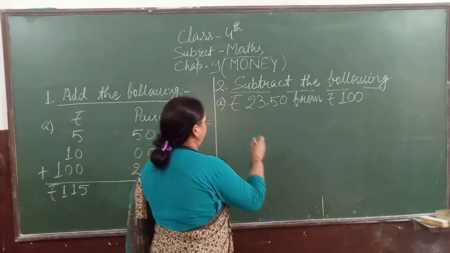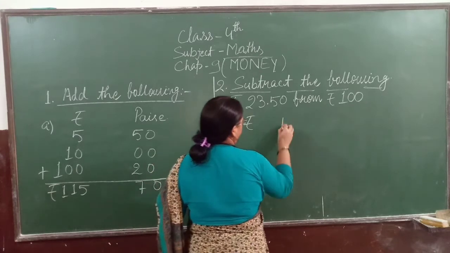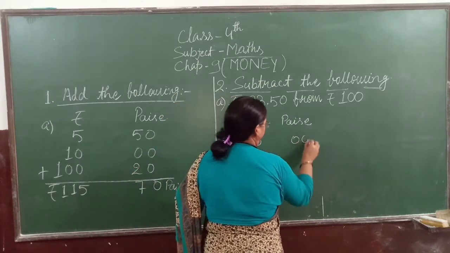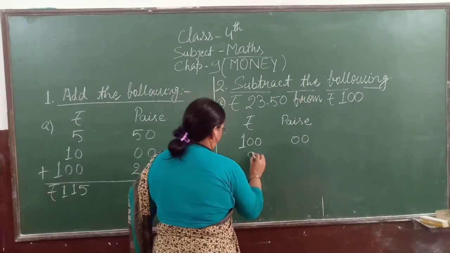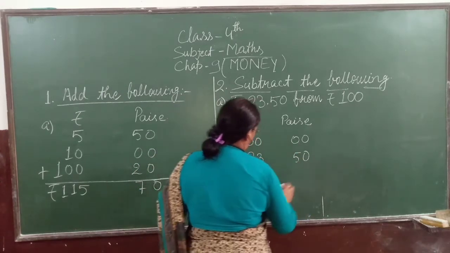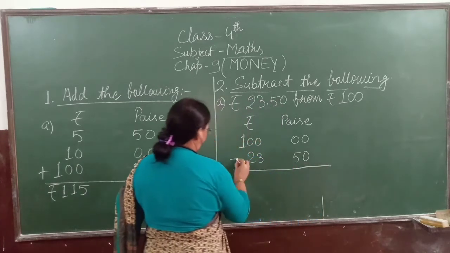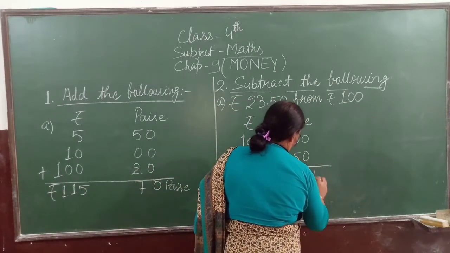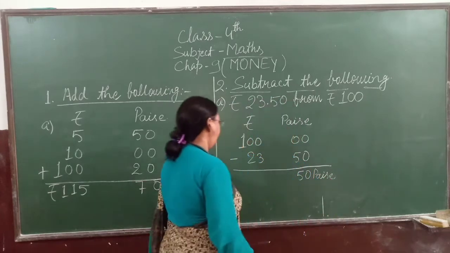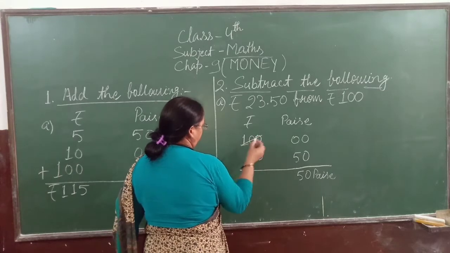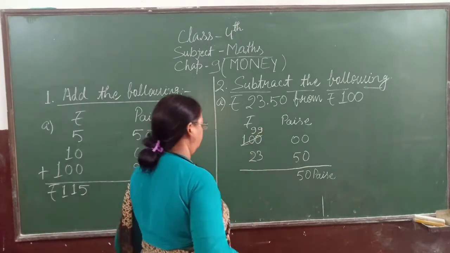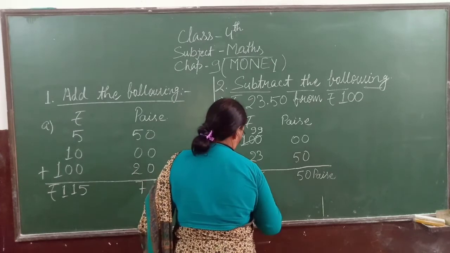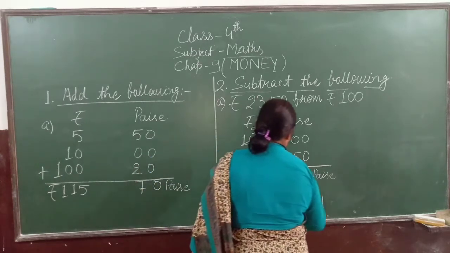So rupees and paise, 100 rupees on the top and 23 rupees and 50 paise right down on the bottom of this, and then we have to subtract it, take carry from the 100 rupees, that is 50 paise, and this becomes 99, this is 6 and 7, 76 rupees 50 paise.